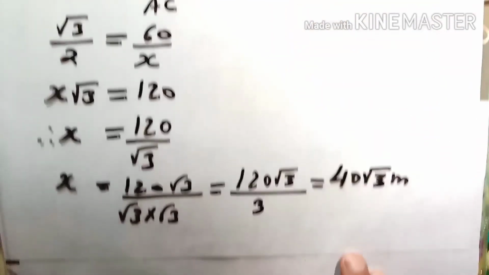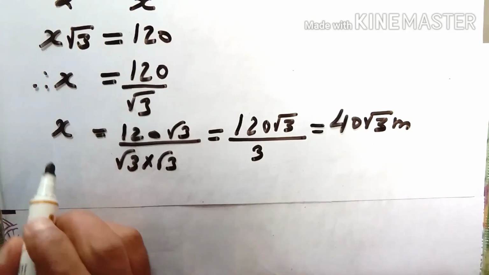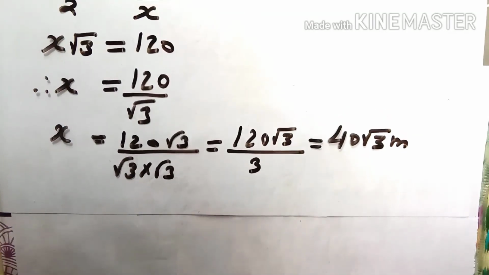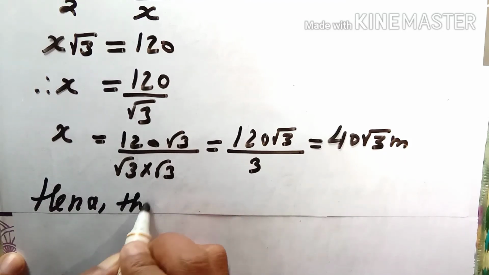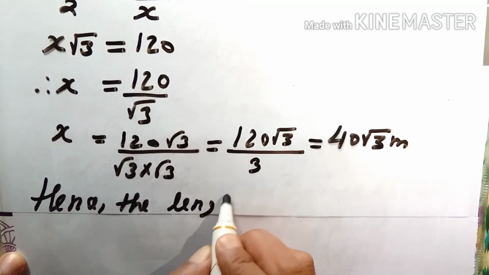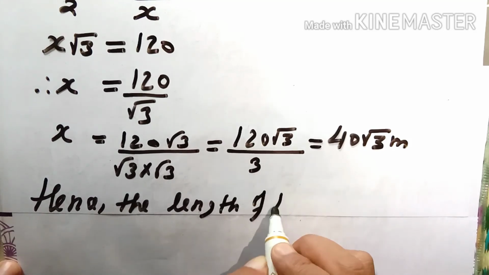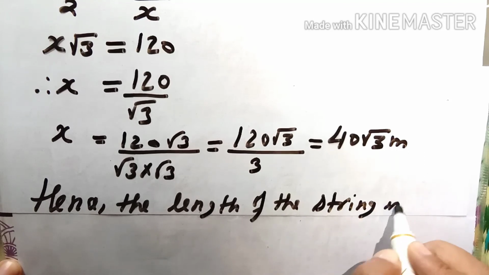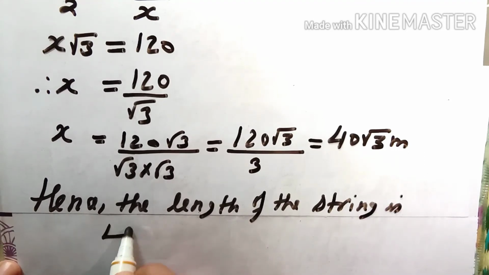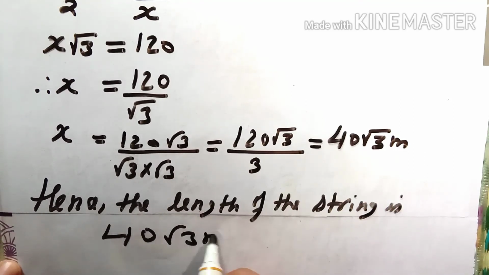So I have got the value of x, which means we have got the length of the string. Hence we can say that the length of the string is 40 root 3 meters.